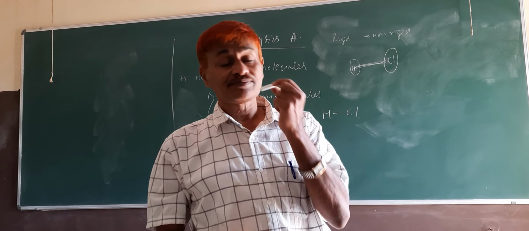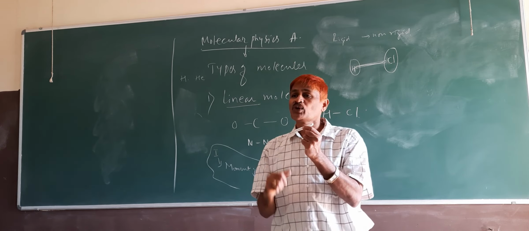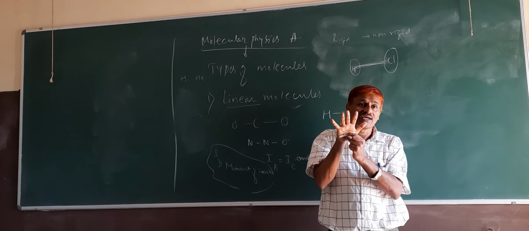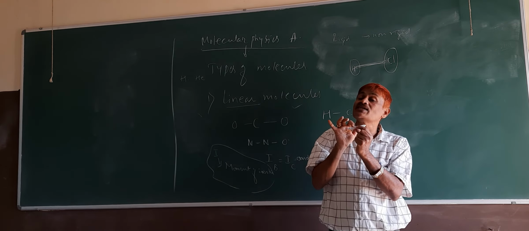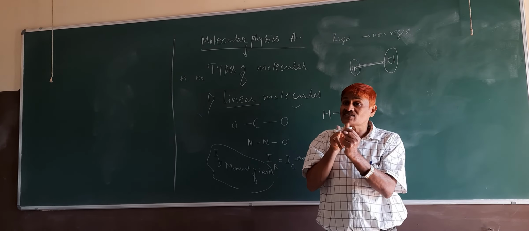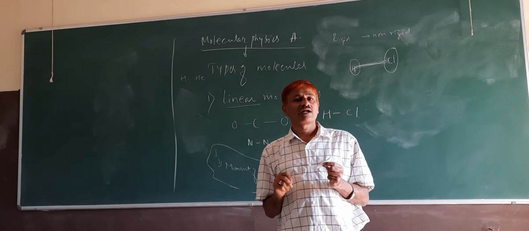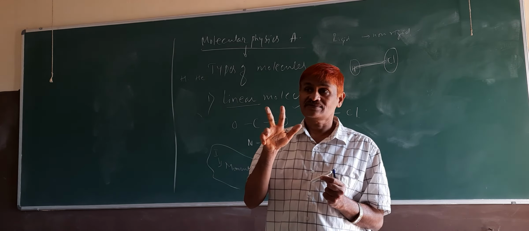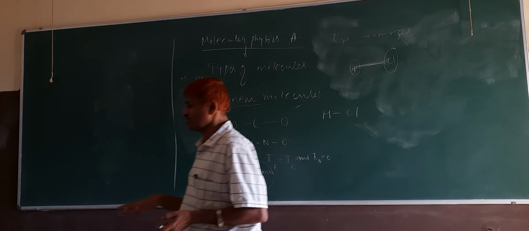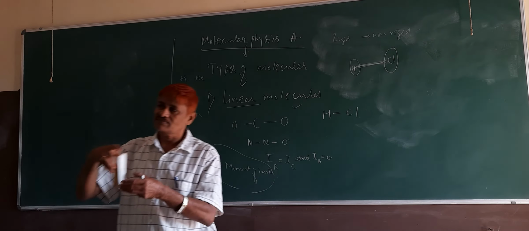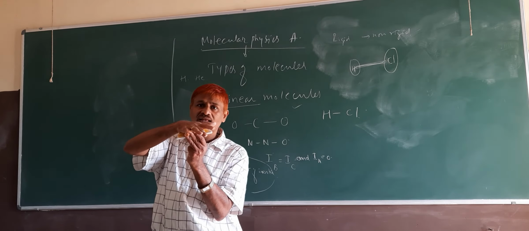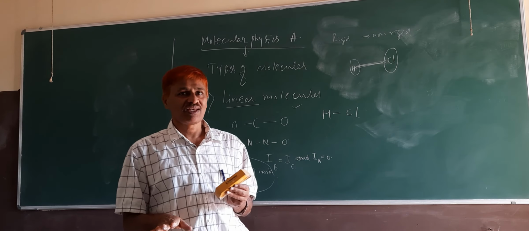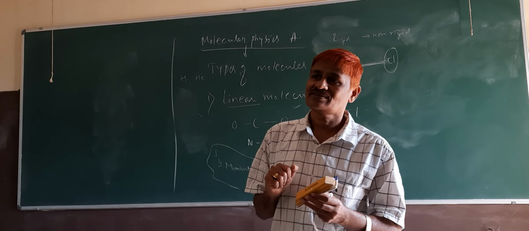Rigid means during the motion, or whenever force is applied on the body, if the distance between the two particles is not changing, right, then it is called a rigid body. Now I am applying force on this. If the shape of the body is not changing, then that is a rigid body.